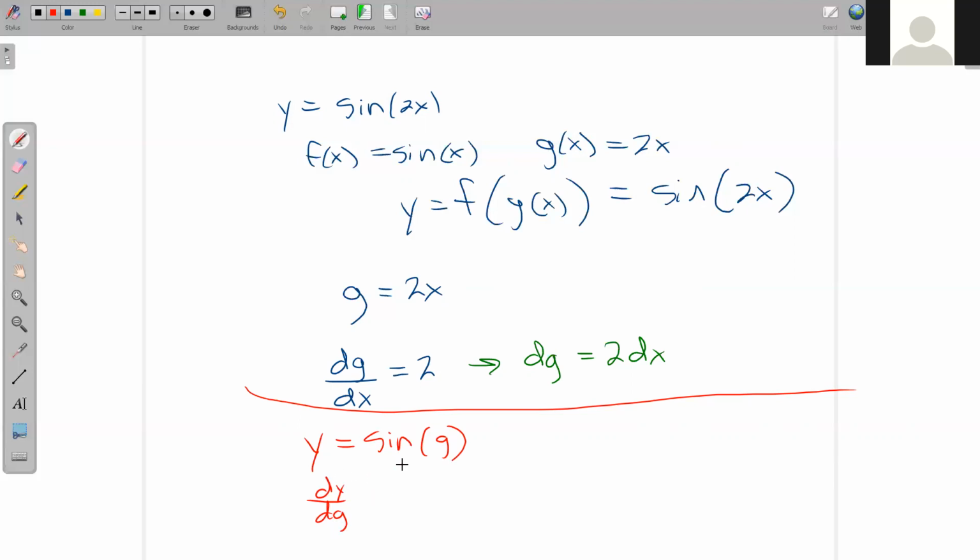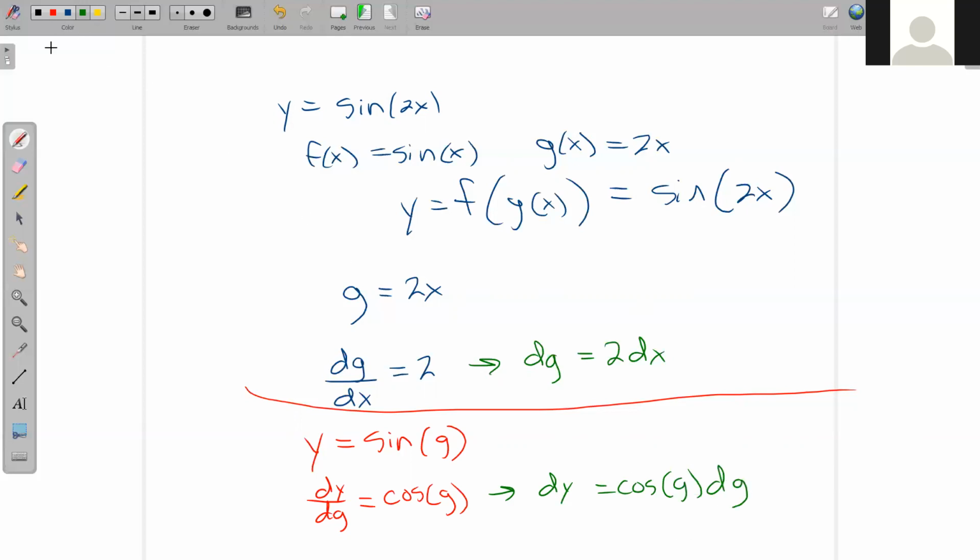So since I'm using a g instead of an x, the g goes down there. And what is the derivative of the sine? It is the cosine. Since this g matches that g, it's just the cosine of g. And if I rewrite this in differential form, this says dy is equal to the cosine of g times dg.